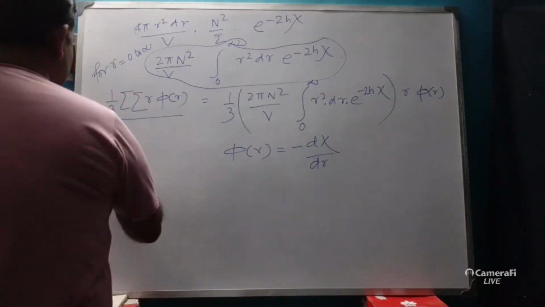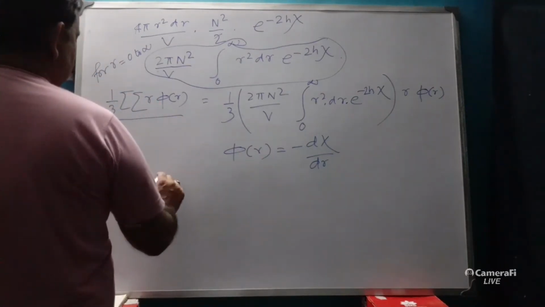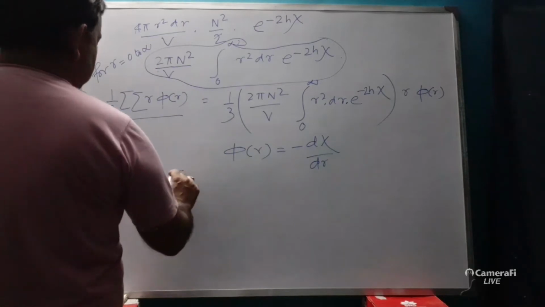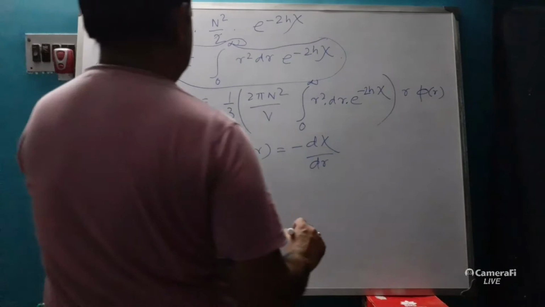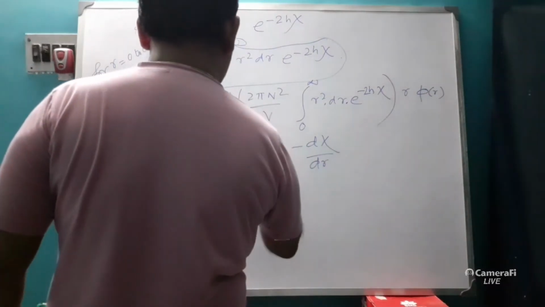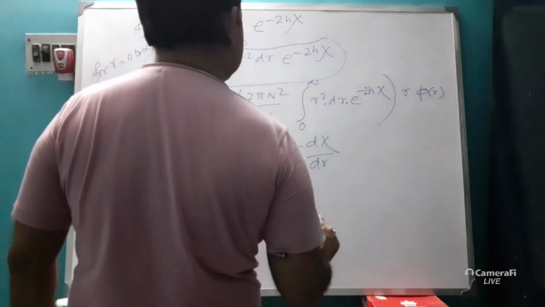So rewriting the Virial equation, 1/3 summation mc square plus 1/3.